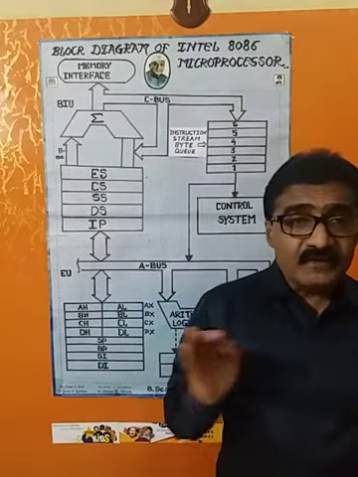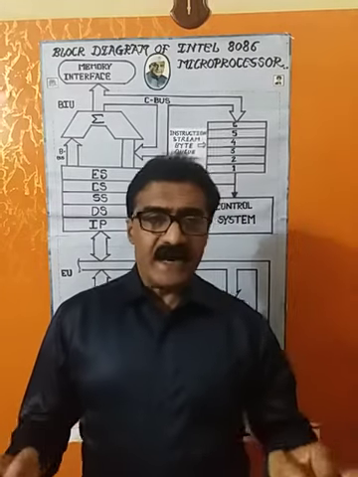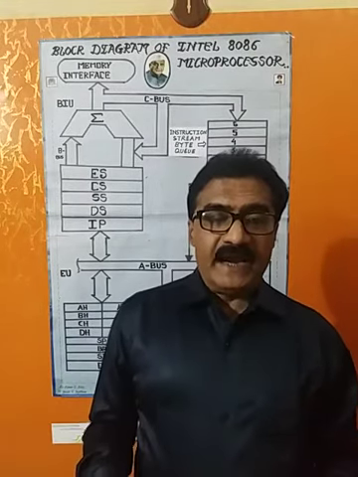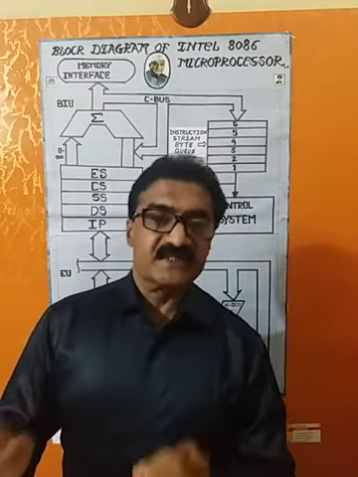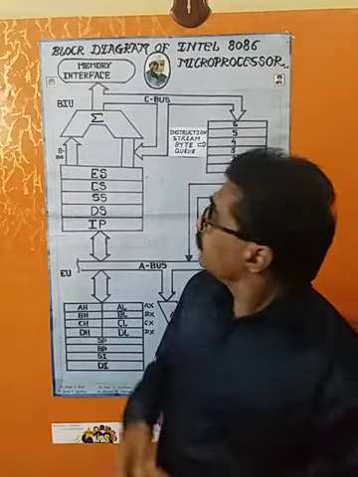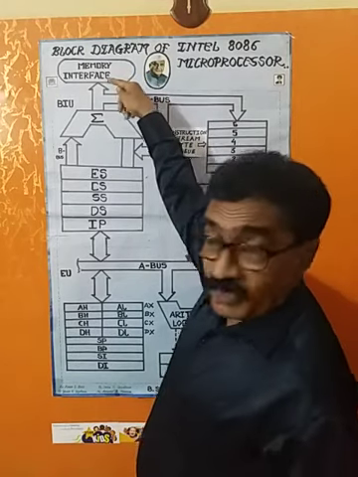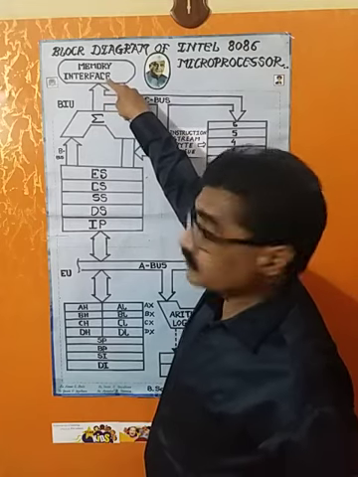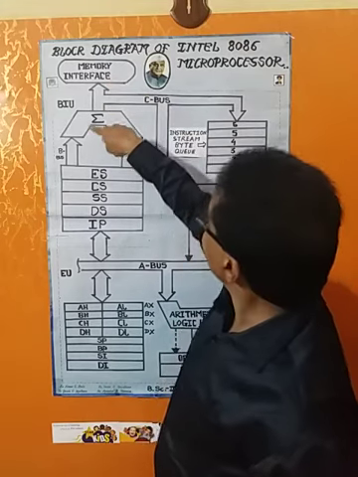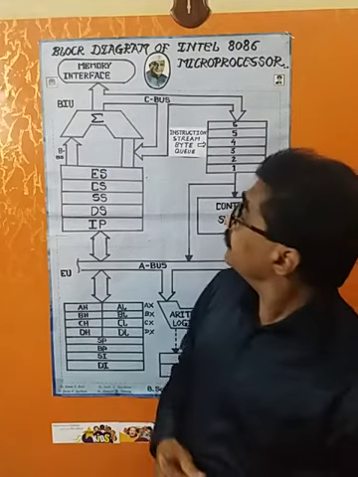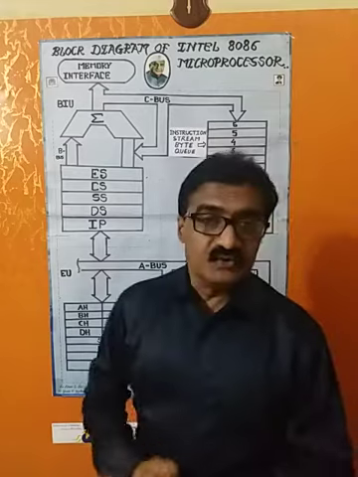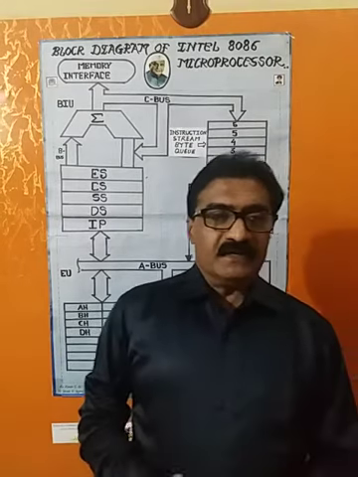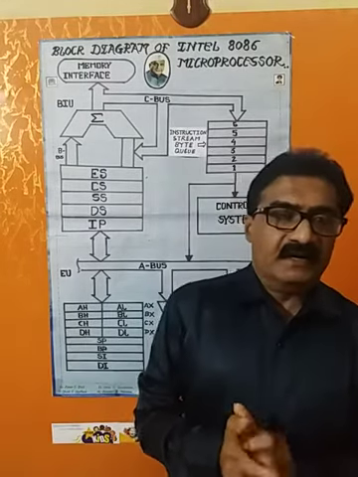The functions of BIU are to compute and send out addresses, fetch instruction code from memory, and keep it in a 6-byte instruction queue. It means the operation code or instruction code is fetched from the memory, which is outside of the CPU, and it is stored in the 6-byte instruction queue. This instruction queue operates on the first in first out principle. It is a register set or buffer.